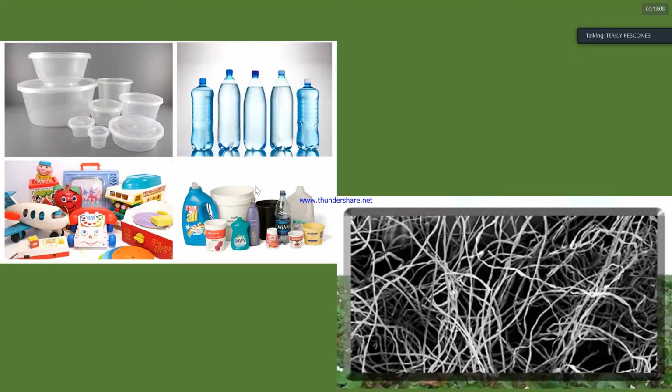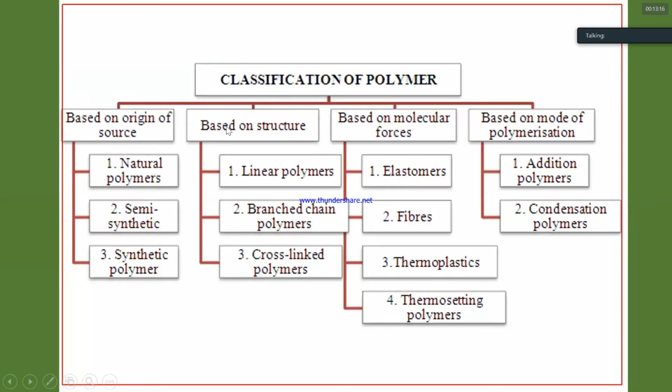So, eto na yung mga example ng mga materials classified as polymers. So, classification of polymers, we have based on origin of source, based on structure, based on molecular forces, and then based on mode of polymerization.